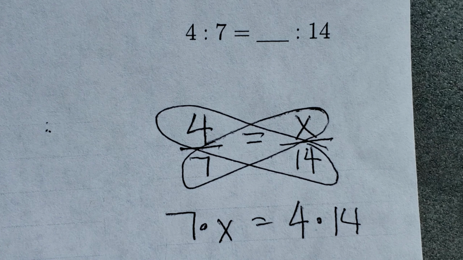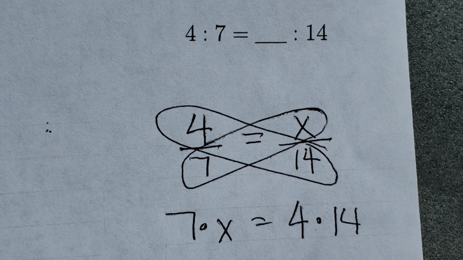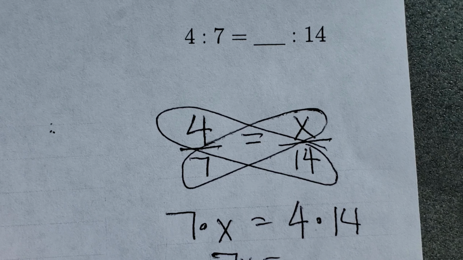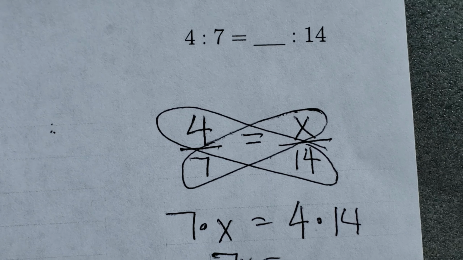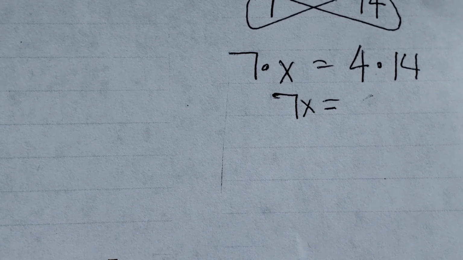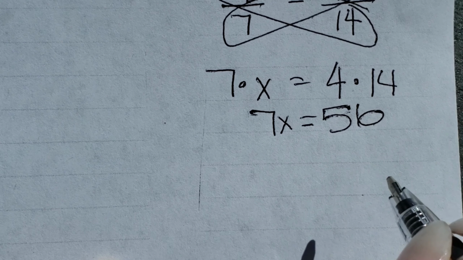So I'm going to simplify during this step. What's 7 times x? 7 times x is going to give me 7x. What's 4 times 14? 4 times 14 is going to give me 56.